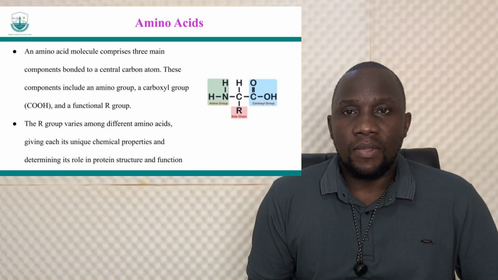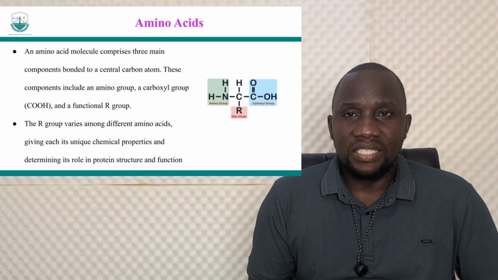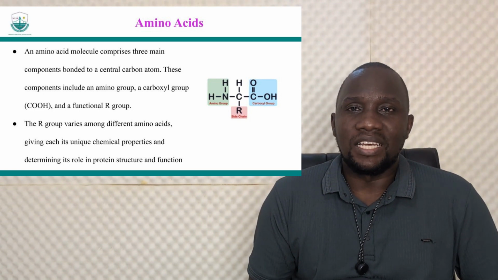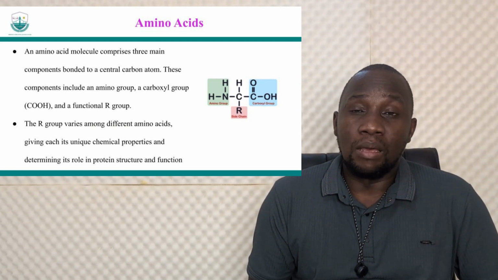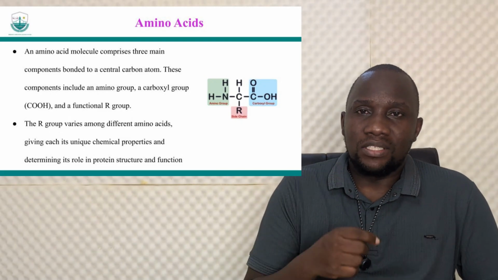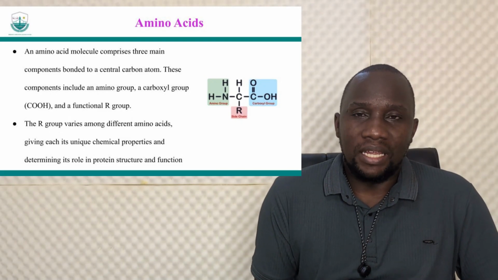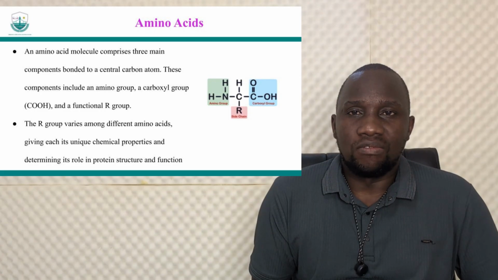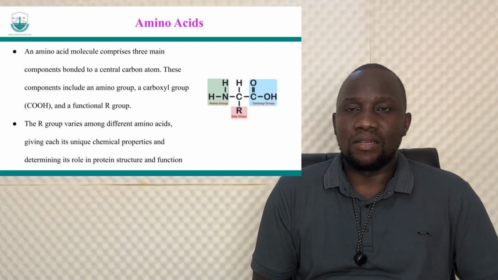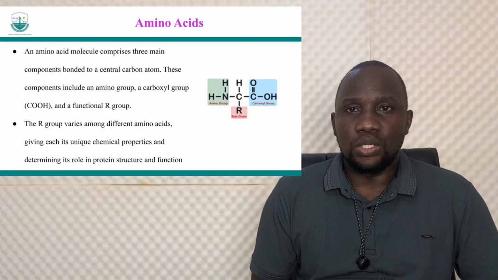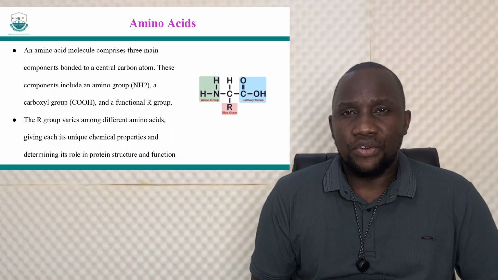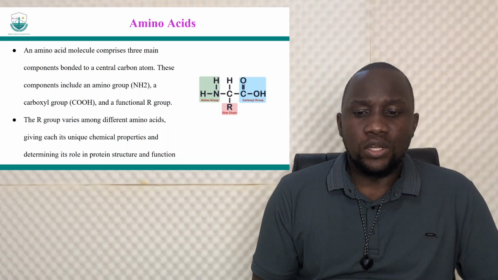So an amino acid is a monomer of protein. So that means that a protein is actually a polymer where you have several amino acids combining. The combination of these amino acids is through what we term as condensation reaction. A condensation reaction gives out water.